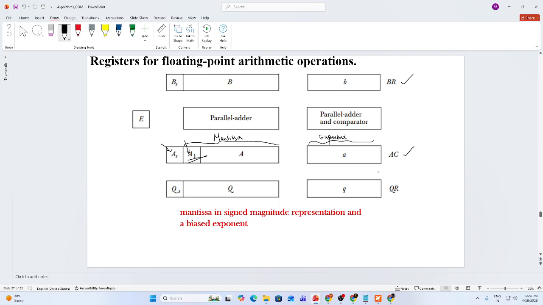What is this notation? The entire floating point number is represented as AC. In this the mantissa is represented with capital A, the exponent with small a and the sign with AS.